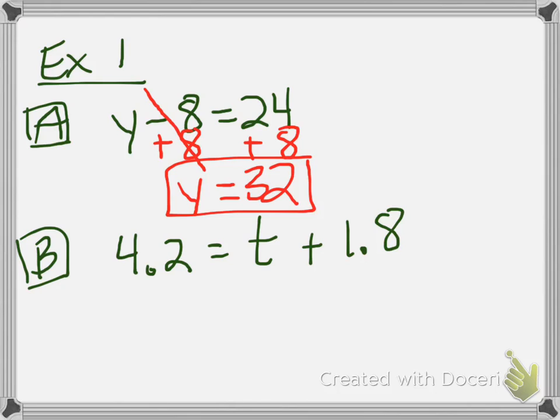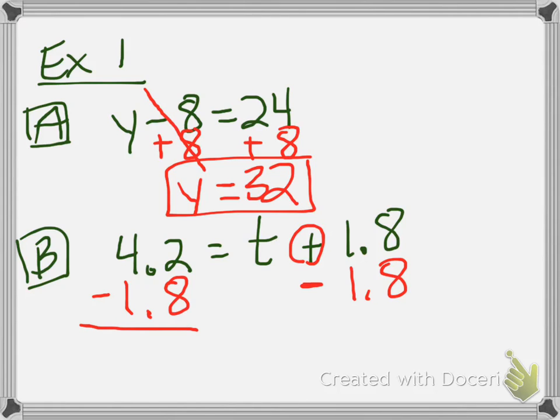So 4 and 2/10 equals t plus 1 and 8/10. This is addition, so I'm going to do the inverse of addition, and I'm going to subtract 1.8, 1 and 8/10.